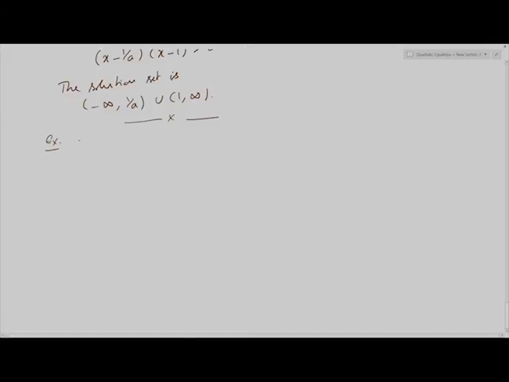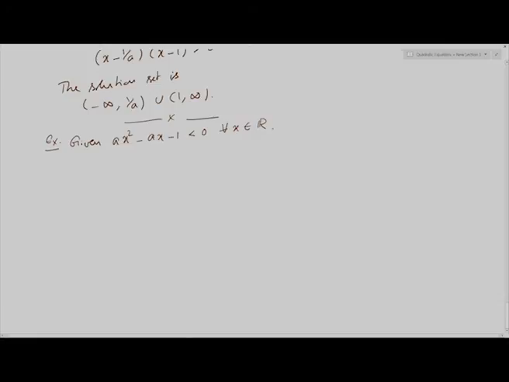For instance, let us say it is given that a x square minus a x minus 1 less than 0 for all x, that is, this inequality holds for all x belonging to the real line. Here a is an unknown parameter.